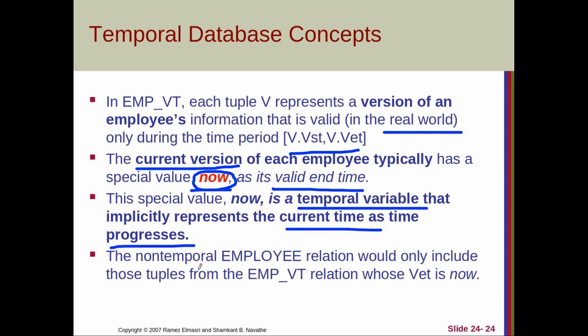The non-temporal employee relation would only include those tuples from the employee valid time relation whose valid end time is now. So if we are using a normal database relation, a normal employee relation, it will include only those tuples with valid end time now. Only the current version was actually being considered in our traditional database relation.